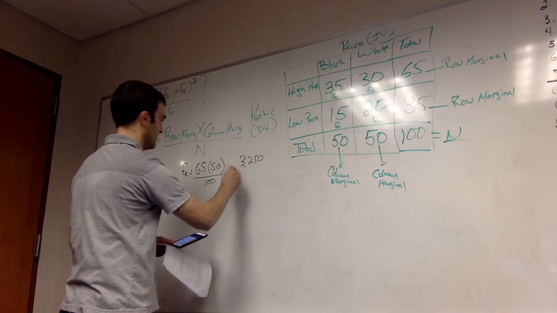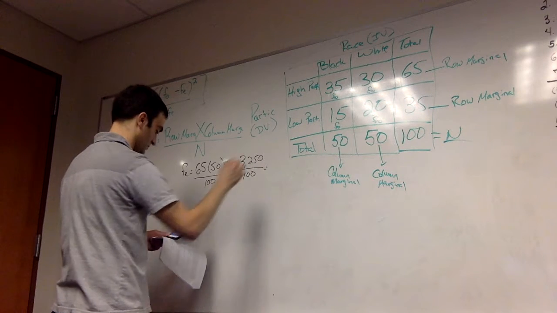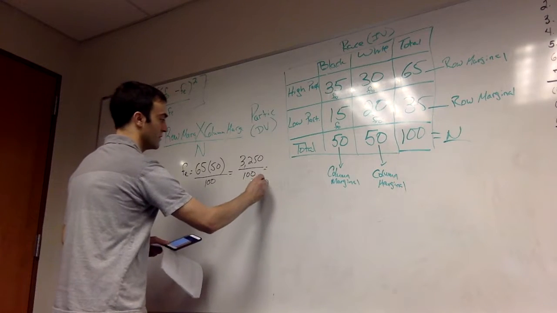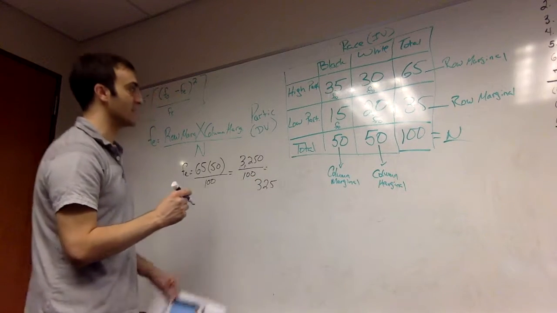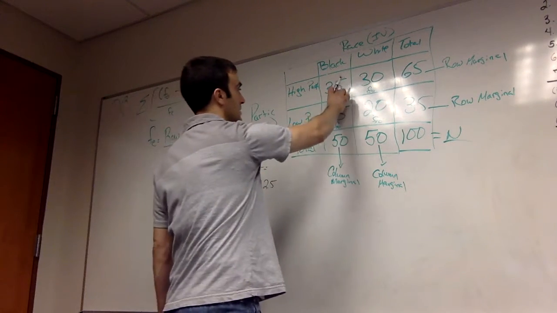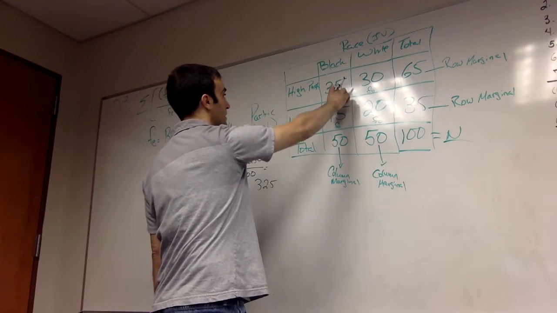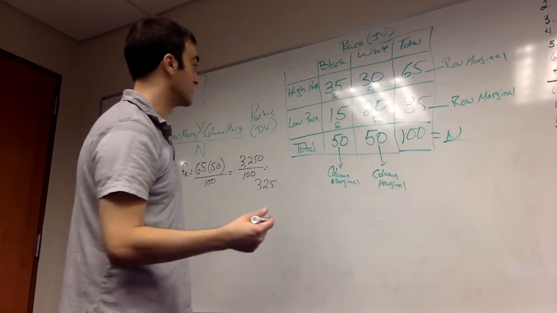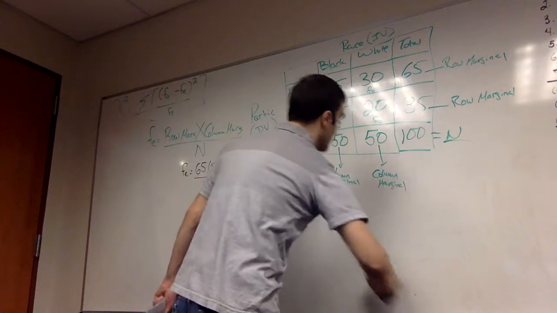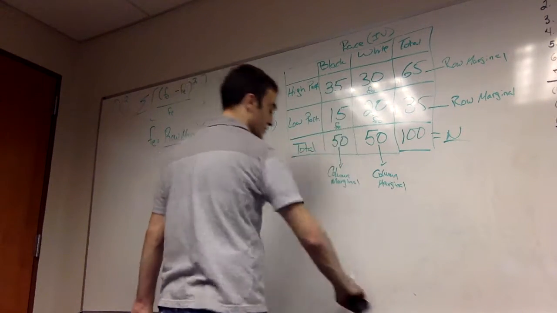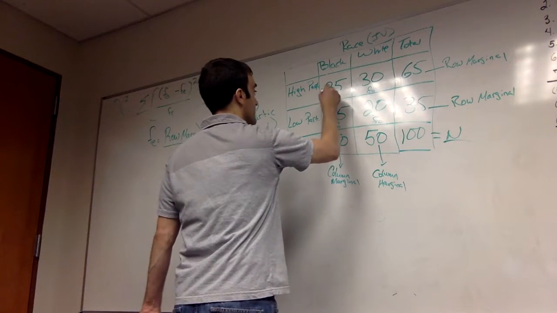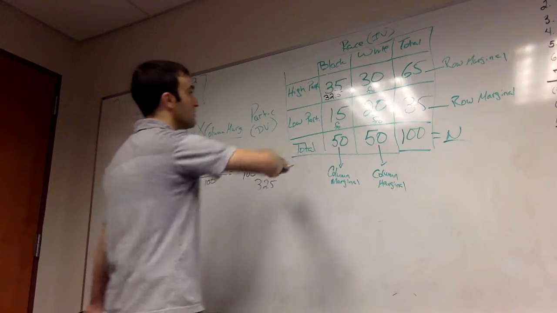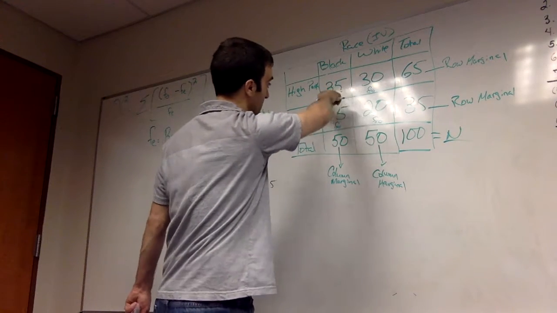Divide that by 100, you get 32.5. So that's the expected value that we should see in this cell, the black high participation. We observe 35. If there's no relationship between race and participation, we should see 32.5. I'll put that in black.